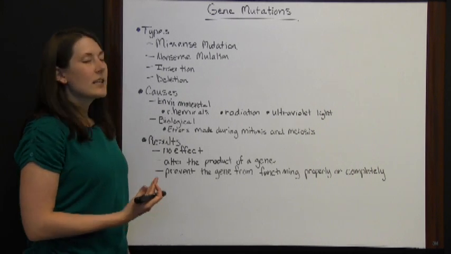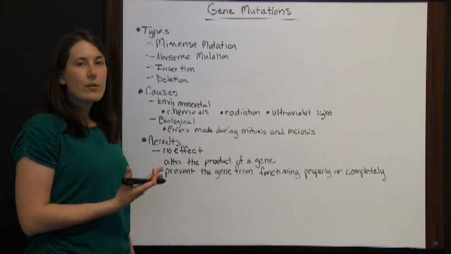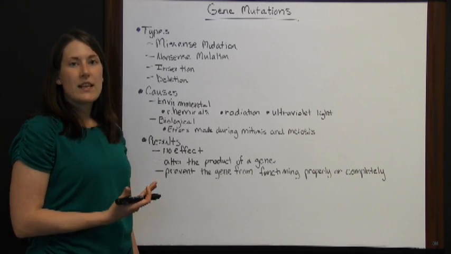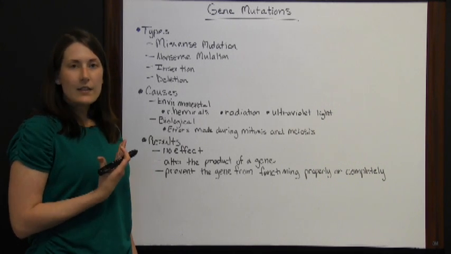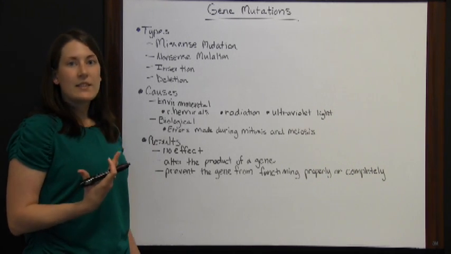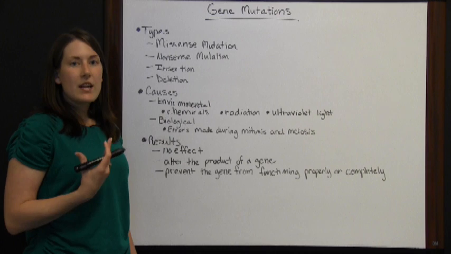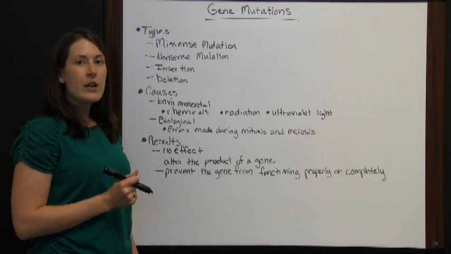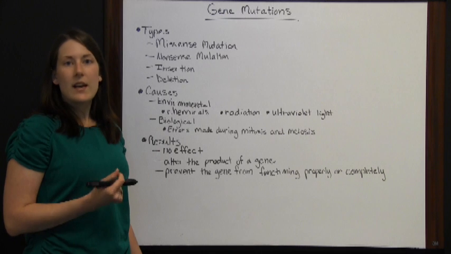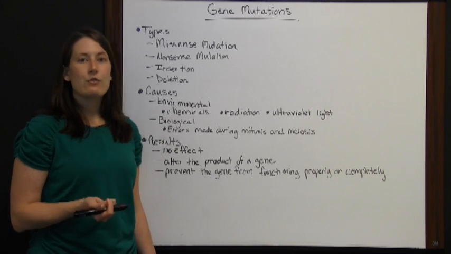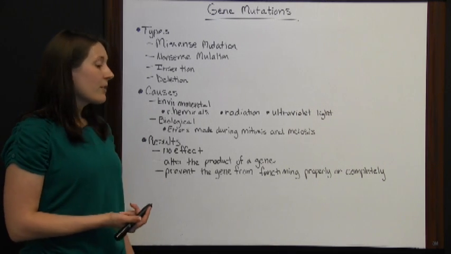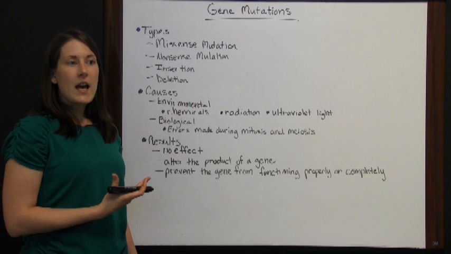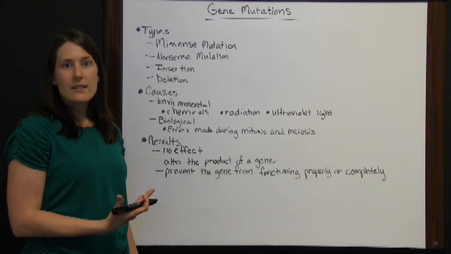And the results can be neutral. For instance, a gene mutation in your eye color. You can have brown eyes, blue eyes, green eyes, and the mutation doesn't harm you or benefit you. Generally, it's just going to be a difference, and so it would be a neutral mutation. You can have harmful mutations, such as that causes Down syndrome.